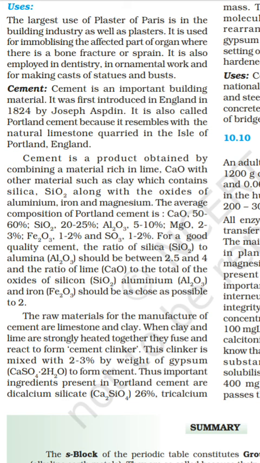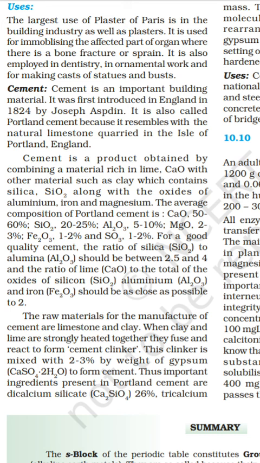When clay and lime are strongly heated together, they fuse and react to form cement clinker. This clinker is mixed with 2 to 3% by weight of gypsum, CaSO4.2H2O, to form cement.